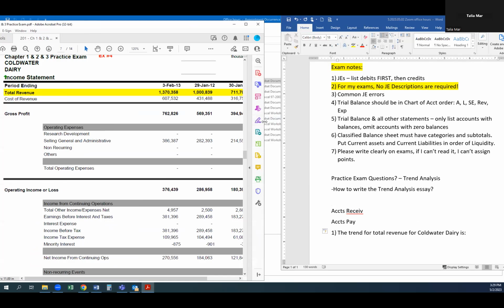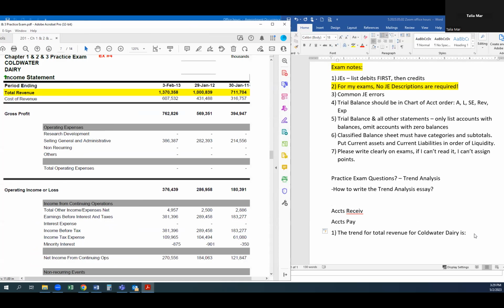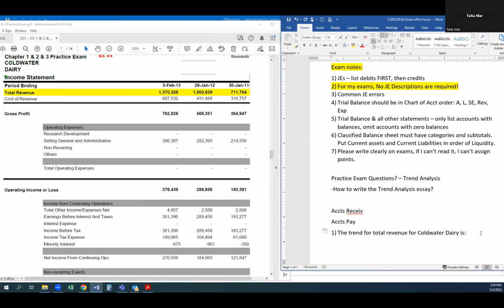Their income is increasing every year and it's experiencing a positive growth trend? Great. But for the first sentence, just tell me whether it's good news, bad news, or neutral. The trend for total revenue for Coldwater Dairy from, let's put dates in, 2011 to 2013 is favorable.